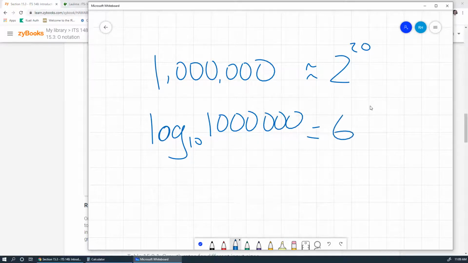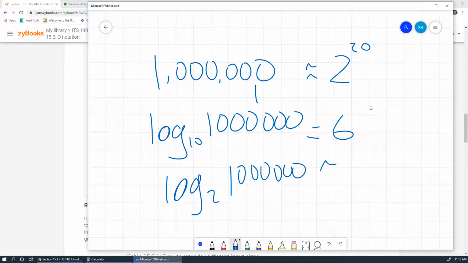So 6. And actually, this is in binary. This is 1 followed by 20 zeros in binary. So log base 2 of a million is about 20. So the factor is like 20 over 6.